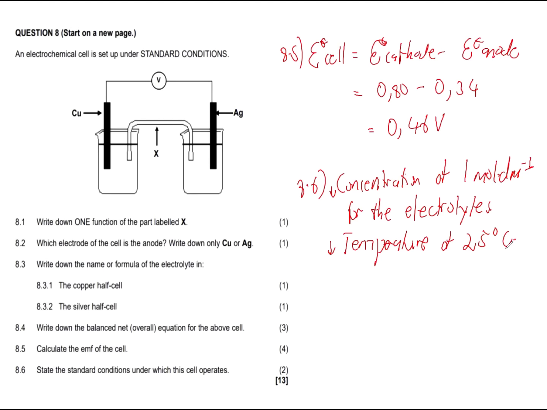Now, do not mention pressure because, as we can see here, there are no gases, right? So keep it at concentration and temperature. You only mention pressure if there is a gas. So the gases that you usually see are either your chlorine gas or your hydrogen gas. But if you don't see those two gases there, do not mention the standard condition of pressure, right?